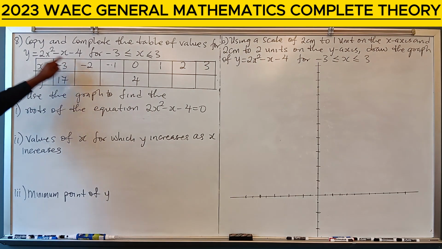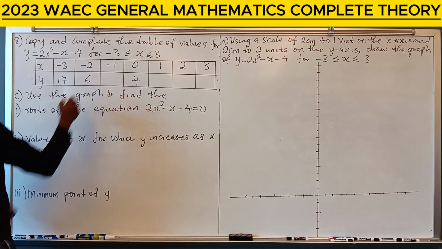If we substitute minus 2: squared is 4, 4 times 2 is 8, 8 minus 2 is 10, and 10 minus 4 is 6.